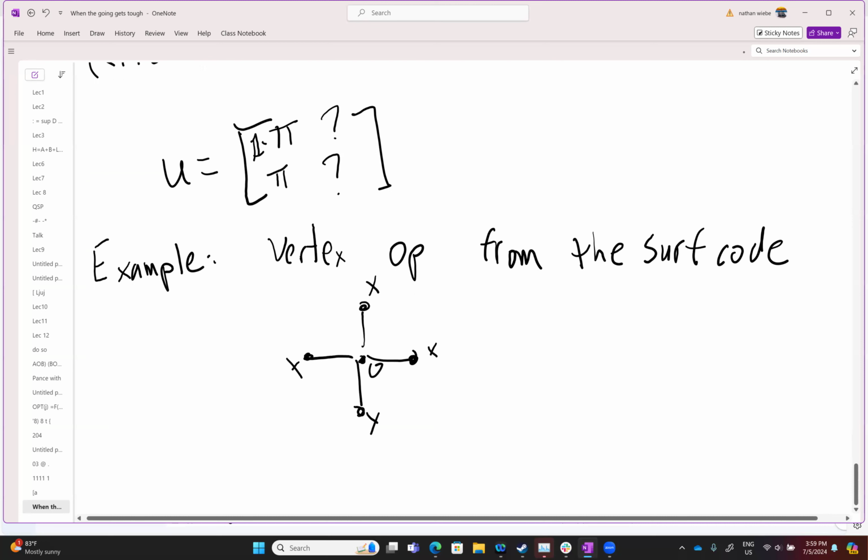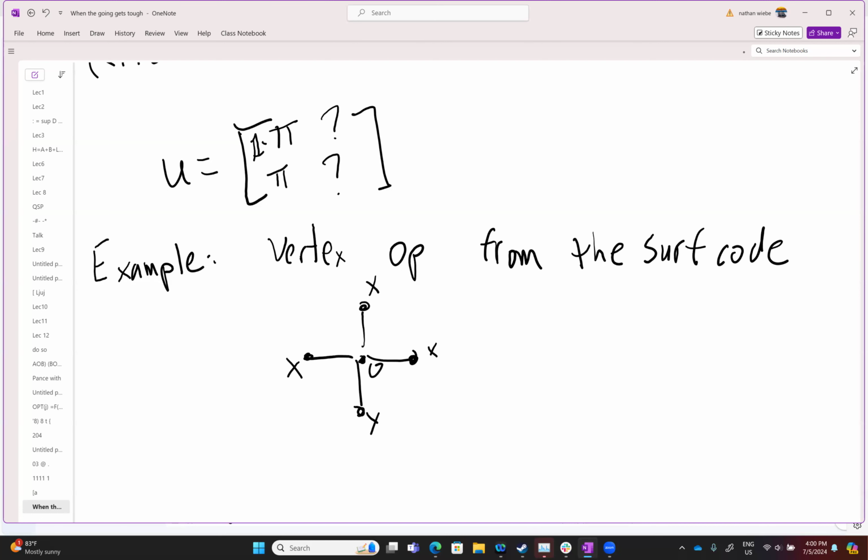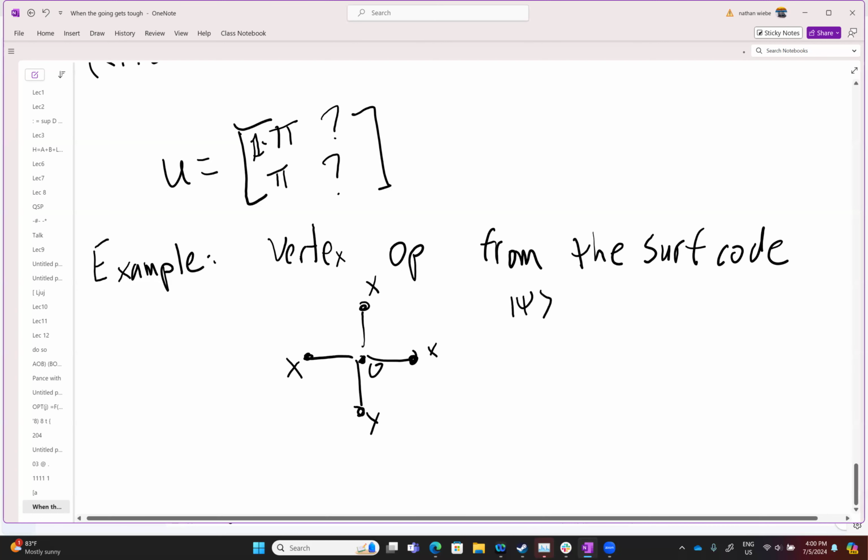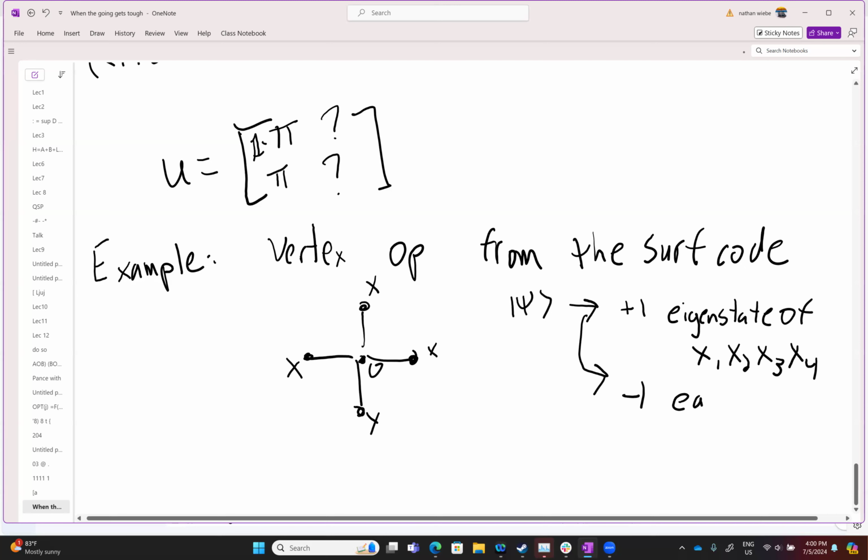And what we would like to do is we'd like to measure the X operator in this. So what we'd like to do is we'd like to have some quantum state, psi, and we would like to either push this into +1 eigenstate of x1, x2, x3, x4, or alternatively, we'd like to push this into a minus eigenstate of the same thing.